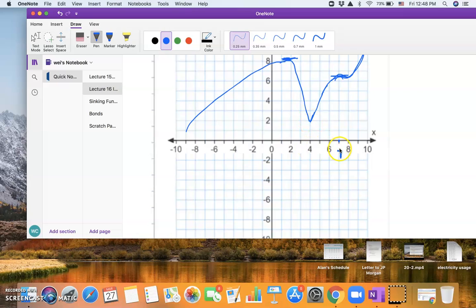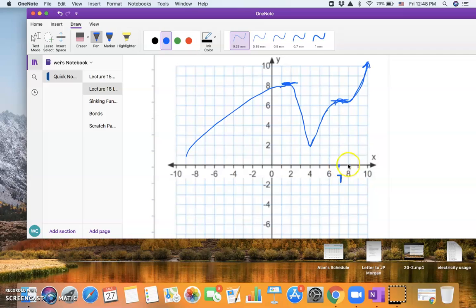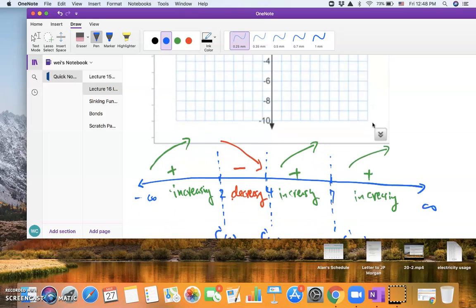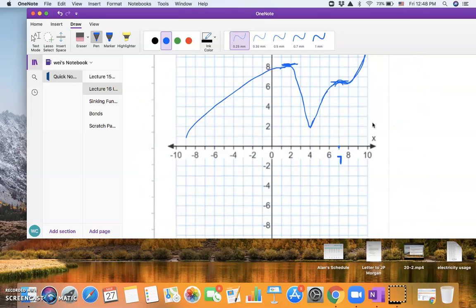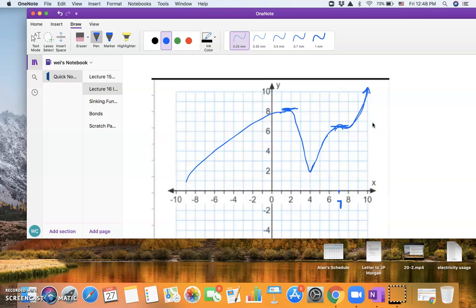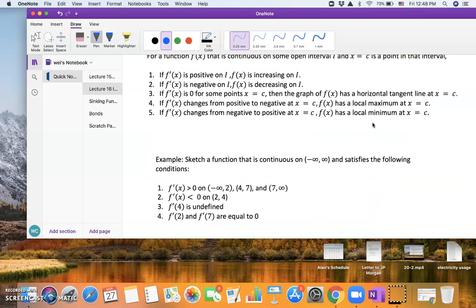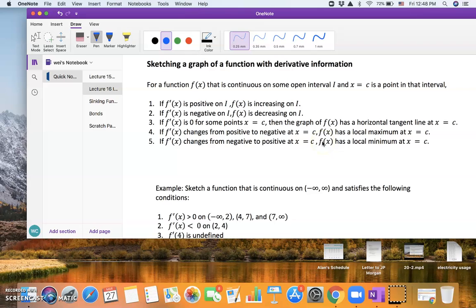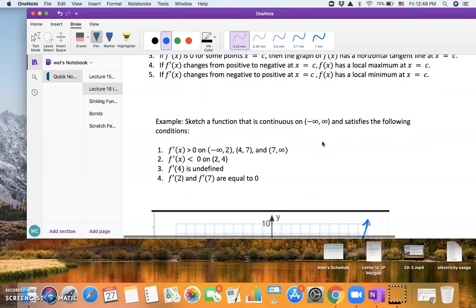From 4 to 7, the graph is increasing again, and since at 7 the derivative equals 0, we have a horizontal tangent line, and from 7 to infinity, the graph continues to rise. So this is how we can sketch the graph of a function using the information of the derivative.